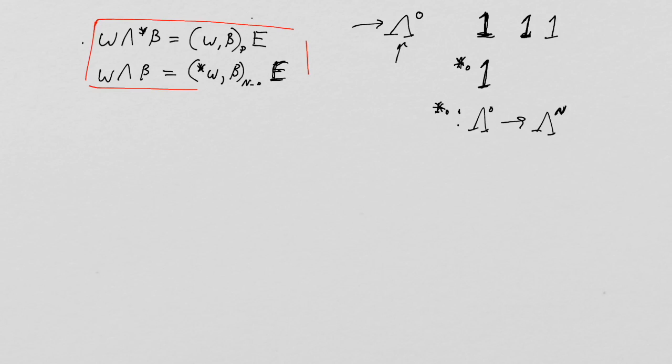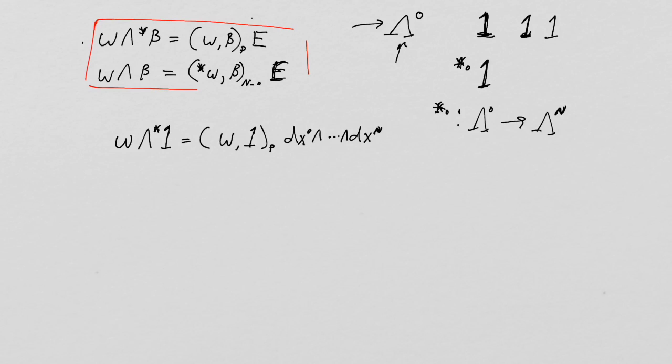How would I do that? Well, let's see. I would write an arbitrary vector omega wedge product with the Hodge dual of 1 should equal the inner product of omega with 1 held in the pth exterior power space times dx0 wedge ... dxn.